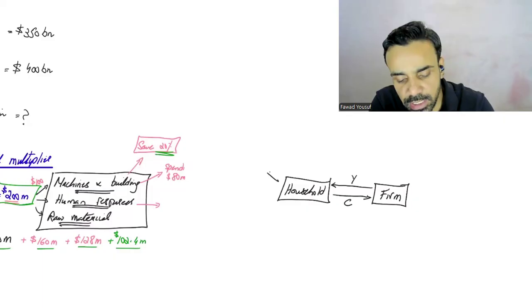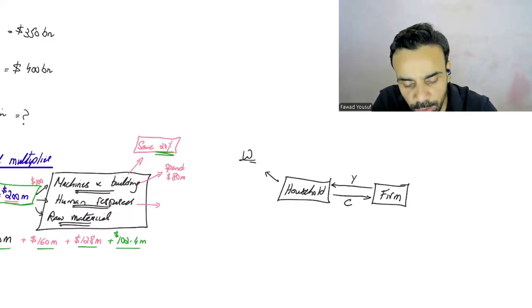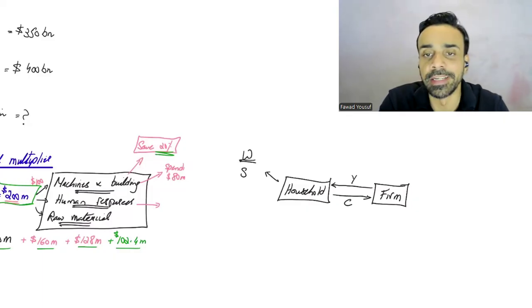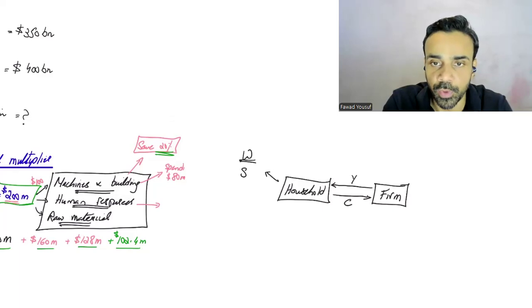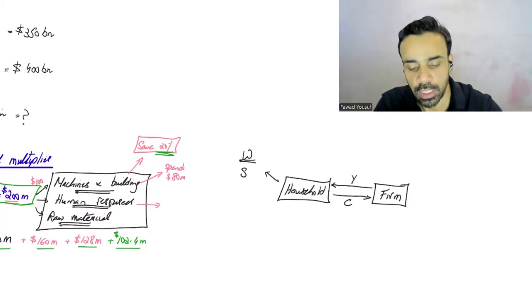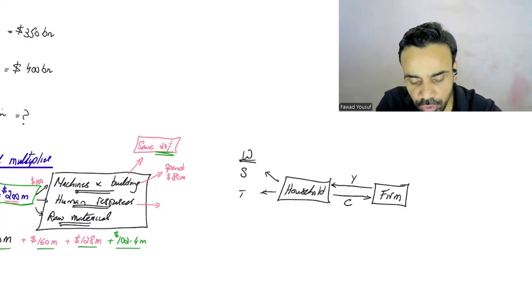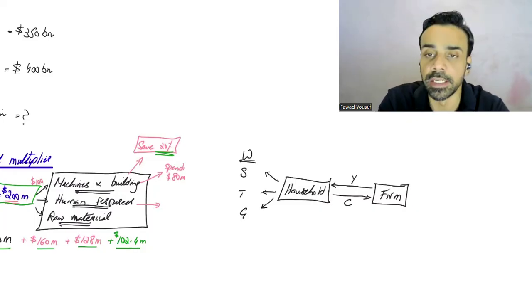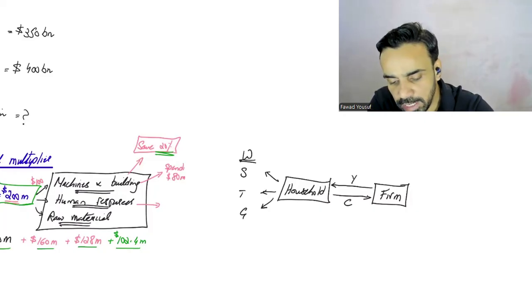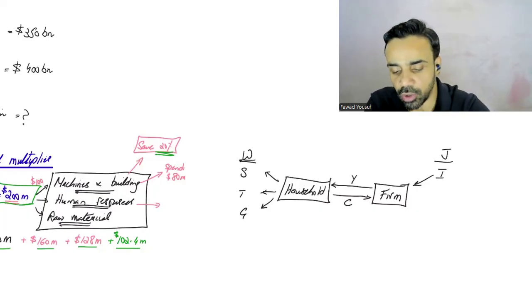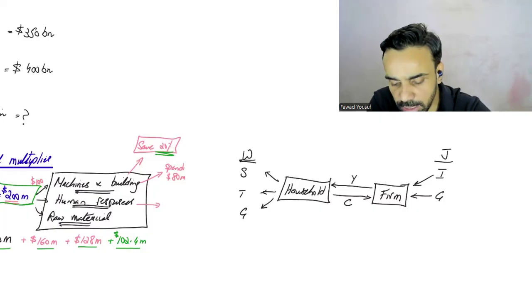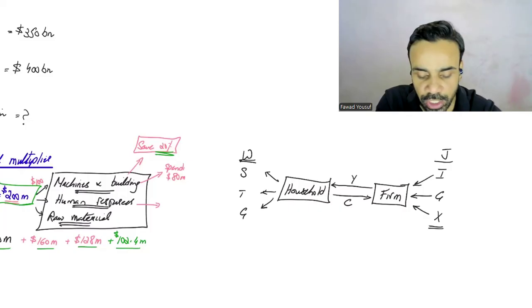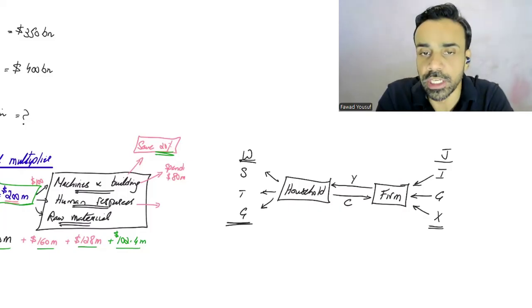But sometimes in the economy, people would save the money and take the money out of the system, right? So saving is a withdrawal, just like taxes is a withdrawal, just like government spending is a withdrawal. But then this money comes back into the system as injection, which keeps the economy growing. Sometimes it comes as government spending, sometimes it comes as exports. तो ये आपके सारे injections हैं, ये आपके सारे withdrawals हैं system में से.